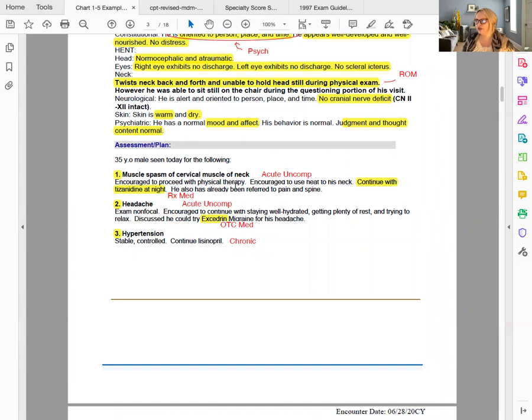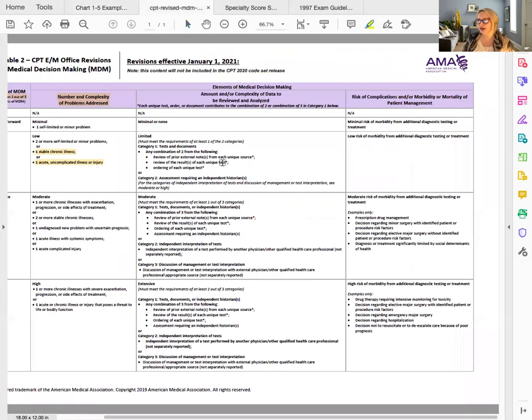They encouraged physical therapy, talked about treatment, but there was nothing in here ordering tests. And so I cannot select anything from category 1, and there's no assessment requiring an independent historian, meaning that they didn't get the information of the patient from someone other than the patient. So in this case, I'm actually going to select minimal or none.